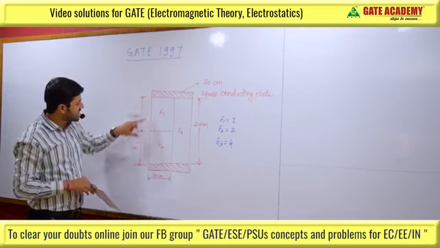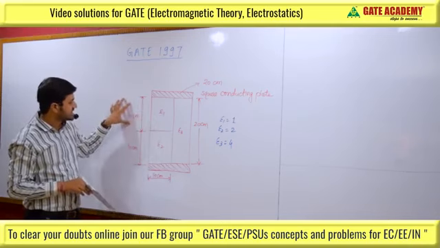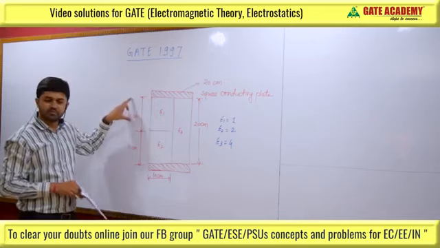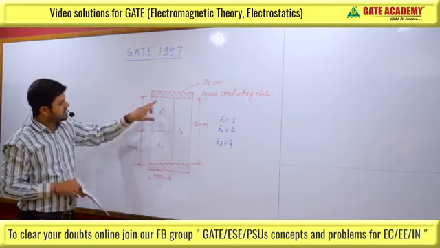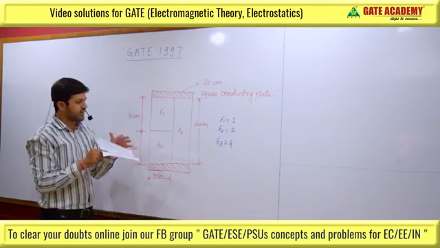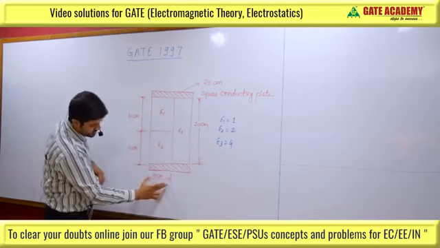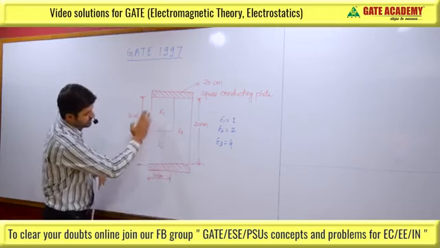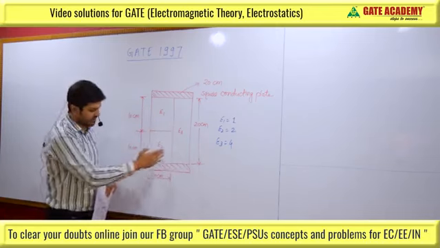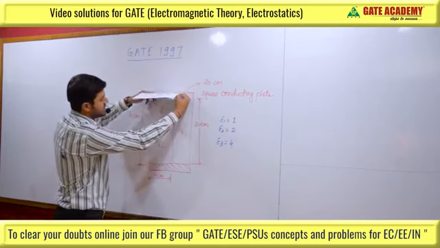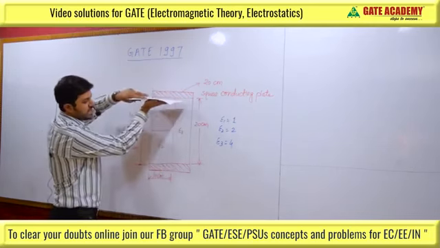Here A is the area of the plate and D is the distance between the plates. For this region, the distance is 10 centimeter because this is characterized for up to 10 centimeter. The area which comes into effect is important here, because this line is also divided into two equal halves, 10 and 10.